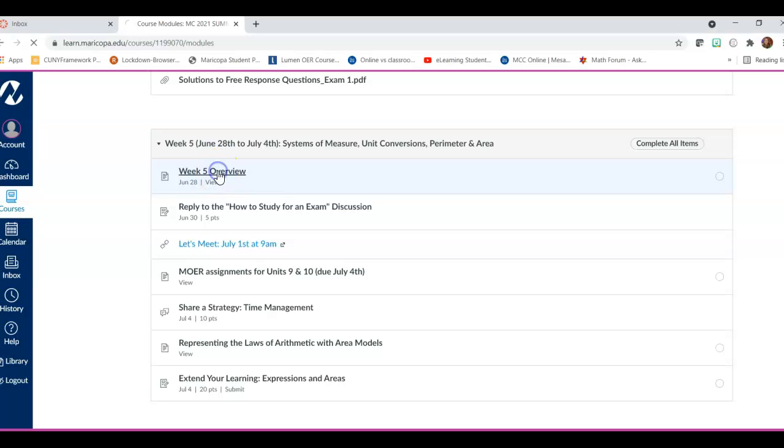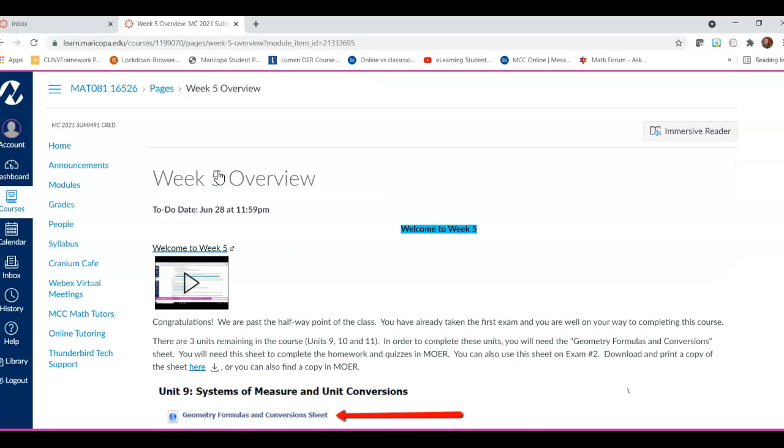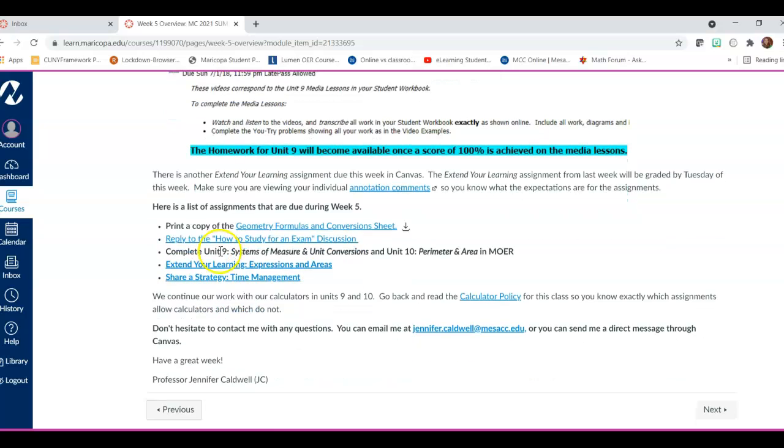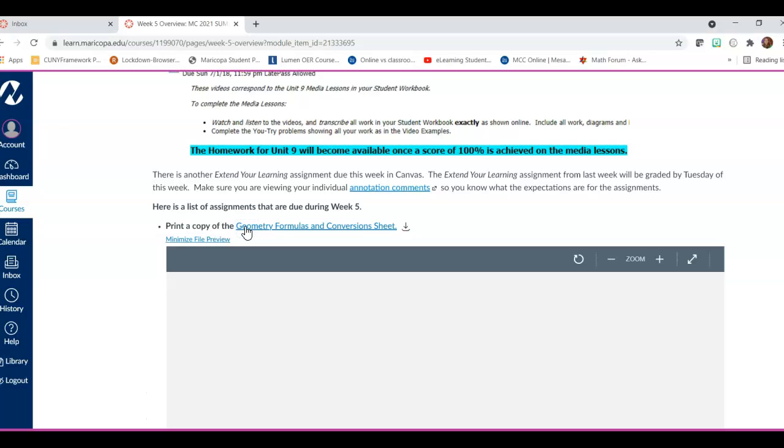One place you can access it is in the week 5 overview. So the sheet is right here. You can download it, or there is a copy in More. So when you're in More working on your homework, you'll notice that I also have it posted. Or right here in the week 5 overview, it says print a copy of the geometry formulas and conversion sheet.